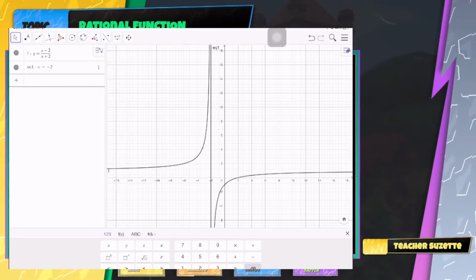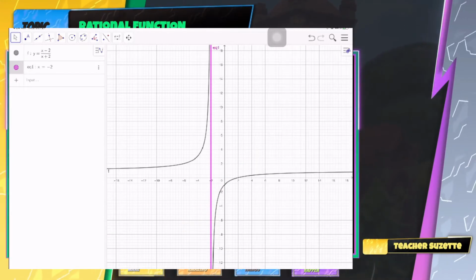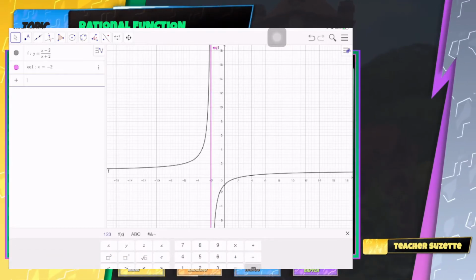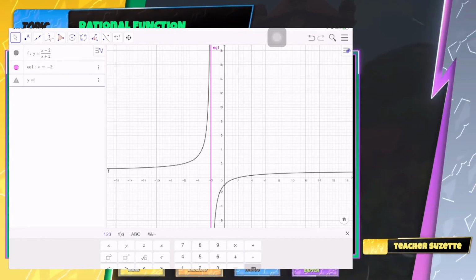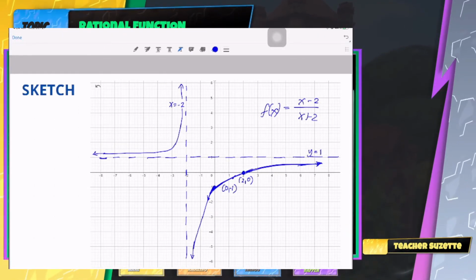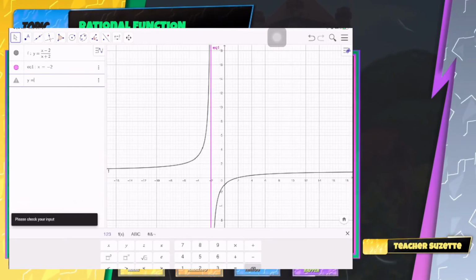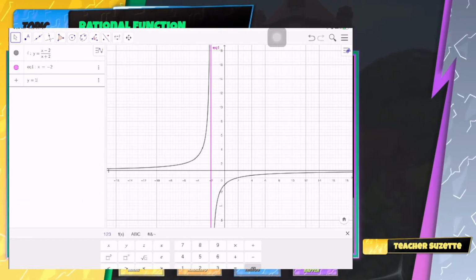That is the graph. Let's just change the color. Then our horizontal asymptote is y is equal to 1. Is that right? Y is equal to 1.